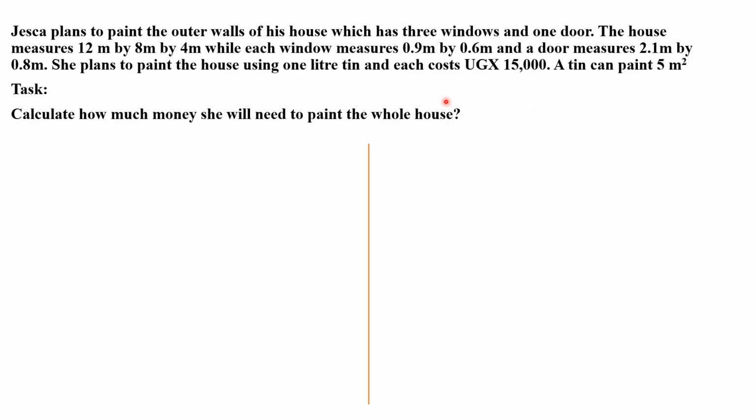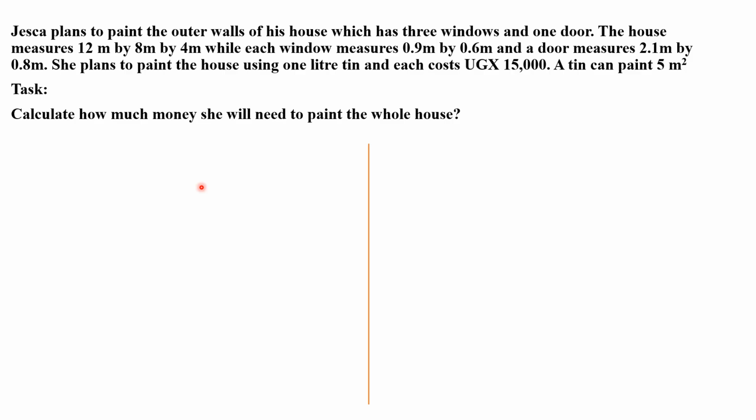Now, friends, here you can ask yourself, when we are painting a house, we sometimes don't paint the floor and the ceiling. But here, because they are saying paint the 4 outer walls, we are painting the opposite walls. And for more information, the space where the windows and the doors are is not painted.